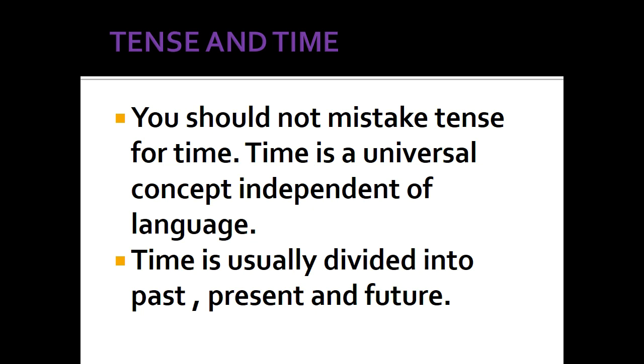And when we say something is independent, that means it's not relying on something. So looking at this, we say time is a universal concept independent of language. So time is usually divided into past, present, and future. And I believe these terms are not new to you.